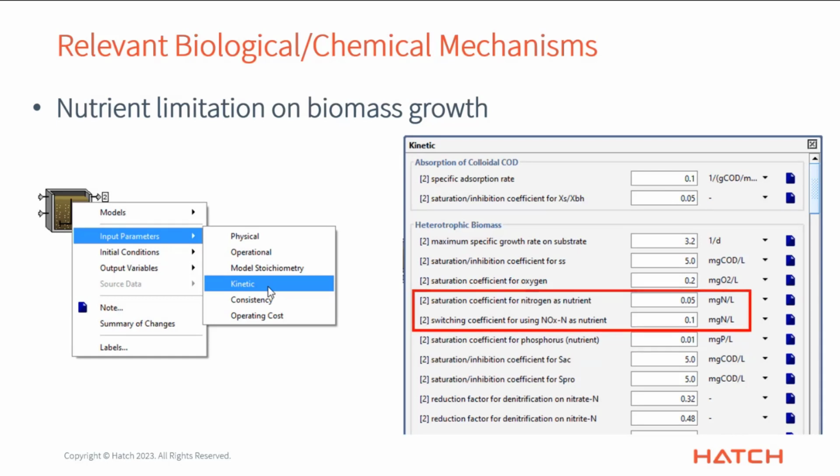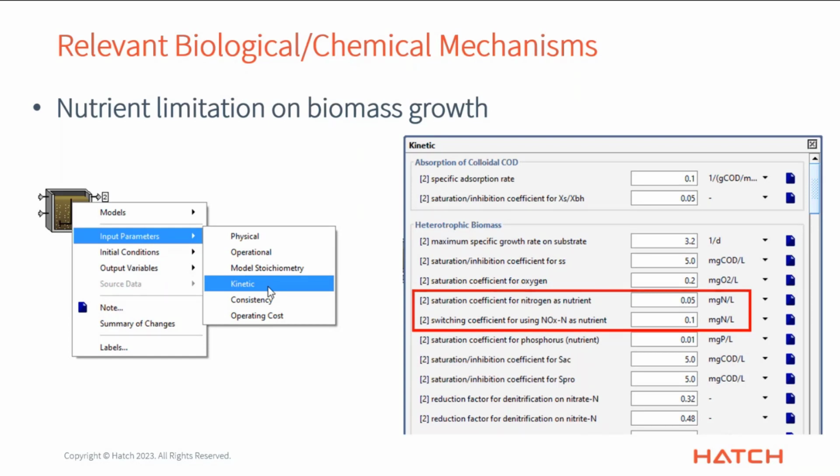Now, this is actually a little bit more complicated than what I showed you on the previous graph. The reason for that is that we've added a fairly sophisticated level of nitrogen limitation here. So basically, it's going to go for ammonia first, but if ammonia runs out, but there's still nitrate around, it'll switch over to using nitrite and then nitrate.